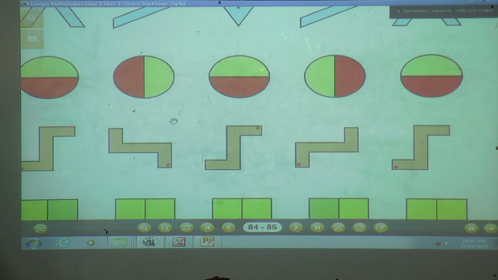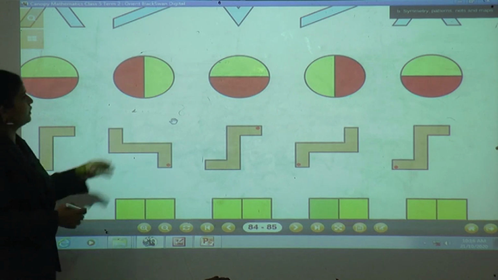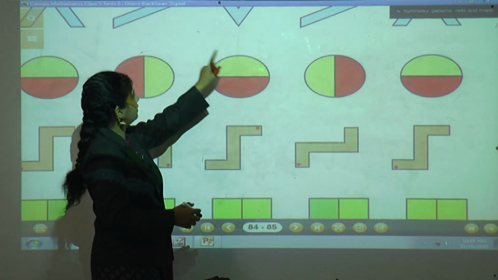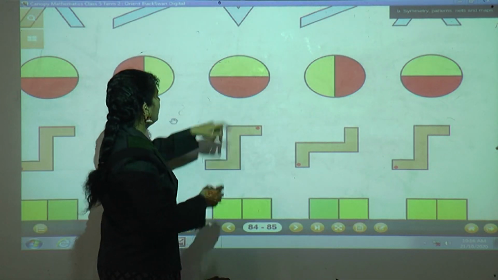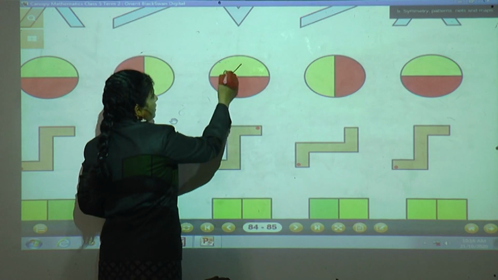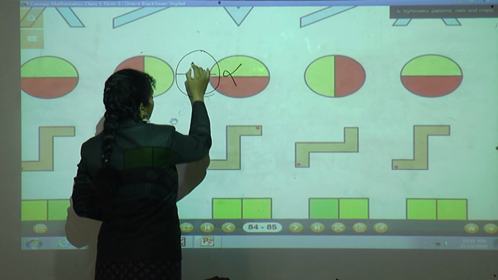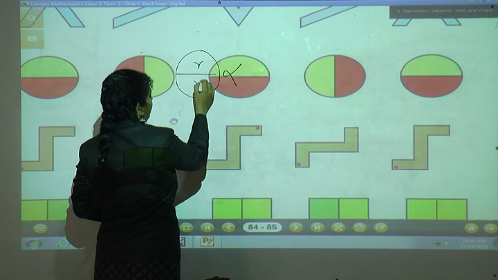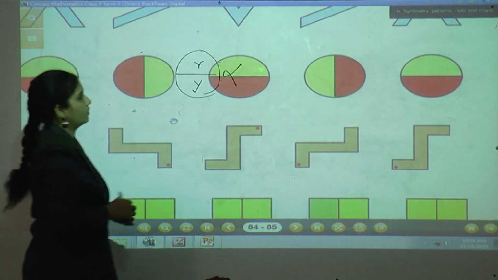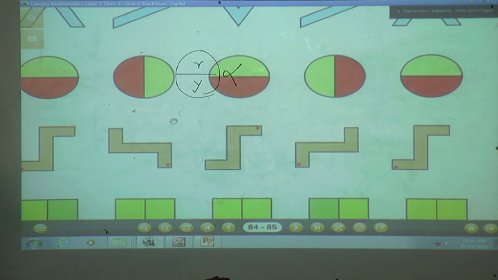So in the next figure, how will it look? Yes, in the next figure, red color will come here and yellow color will come here. So this one is wrong. So the correct figure has the red color here and the yellow color here. Okay, so the remaining are the correct figures.